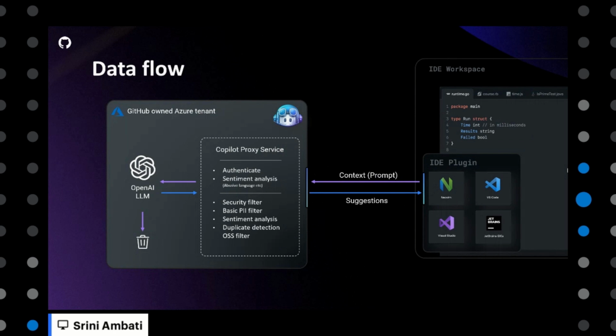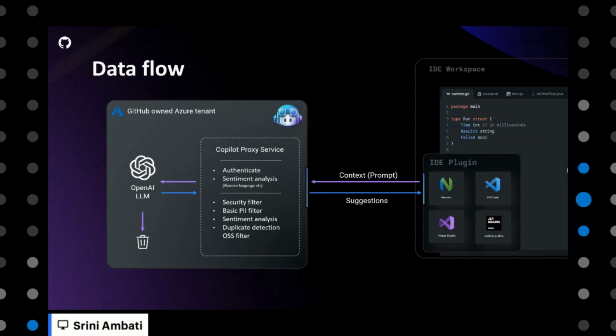So here is what happens. You enter the prompt in your IDE workspace, and we take that prompt and call the GitHub proxy service, and then call the OpenAI large language models, and produce a response and get back to you.